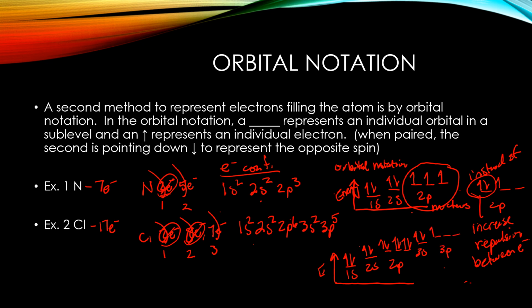So I'd have 1, 2, 3. So I've got the Hund's rule coming into play, but now I have no other choice but to start to pair them up. So I'm going to do the down arrow, 4 and 5. So I have one leftover spot where I could add one extra electron in for chlorine. Okay, so that's your orbital notations.